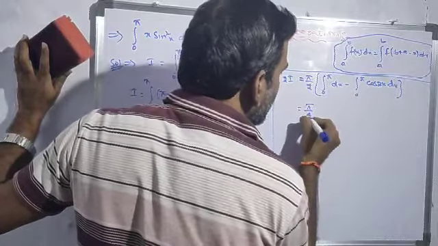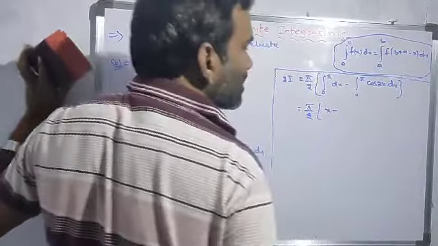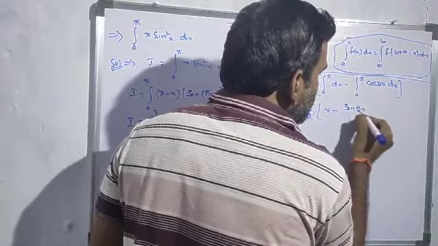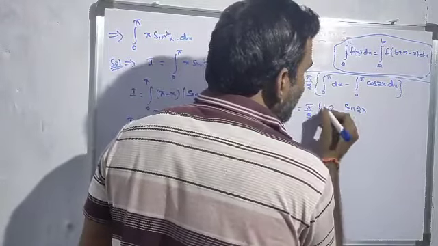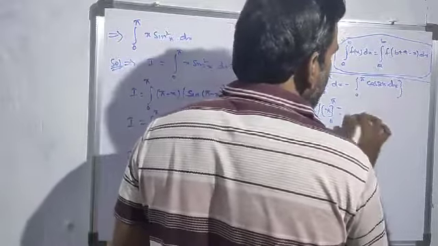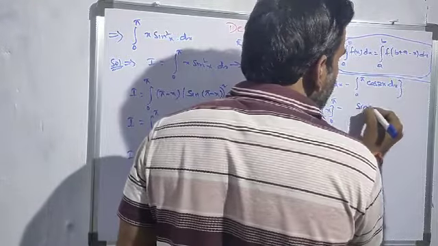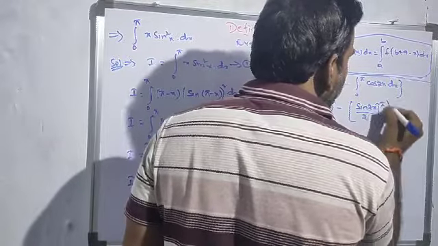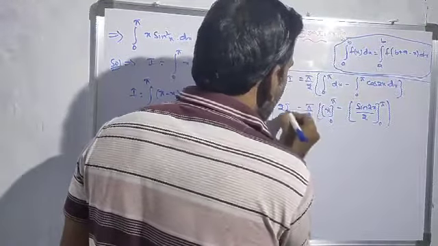So pi by 2 times x minus, the integration value of cos 2x is sin 2x by 2. Here x goes from 0 to pi, don't forget the minus. So this is the value of 2I.